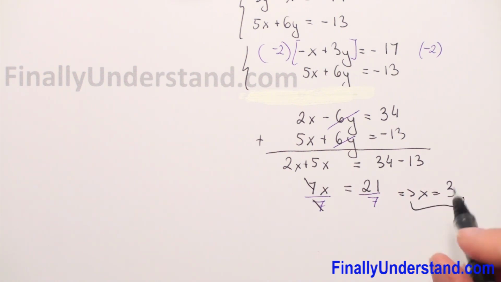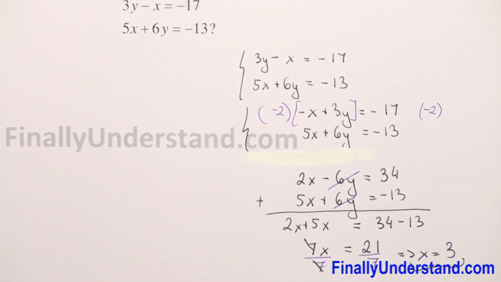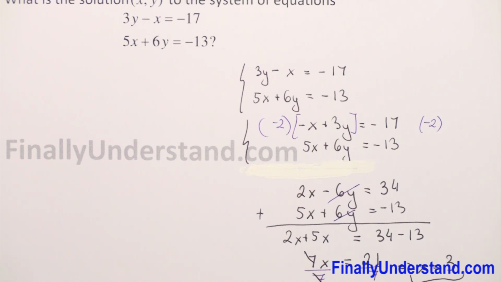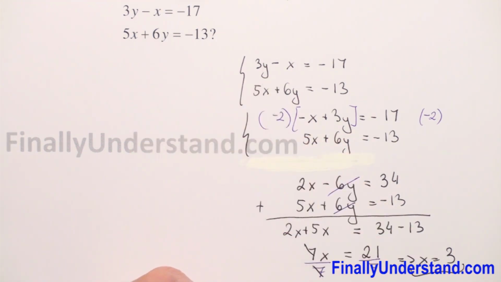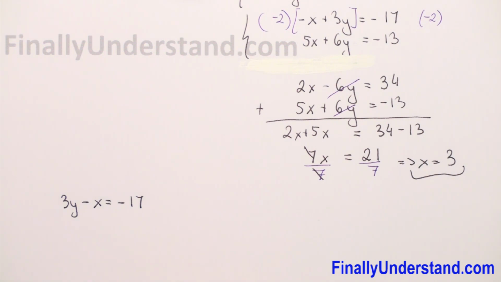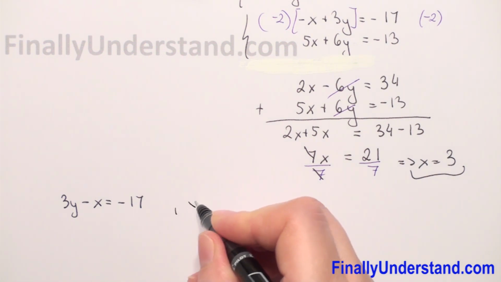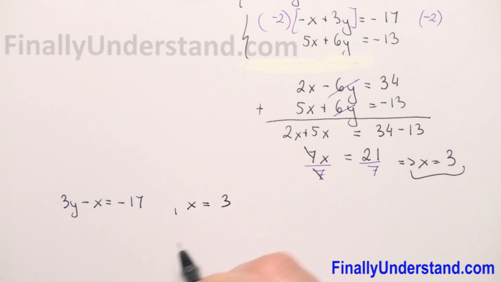So we have the first unknown, and now we will take one equation and substitute x by 3. For example, the first: 3y minus x is equal to negative 17. So like I said, we will substitute x by 3 because we calculated x.